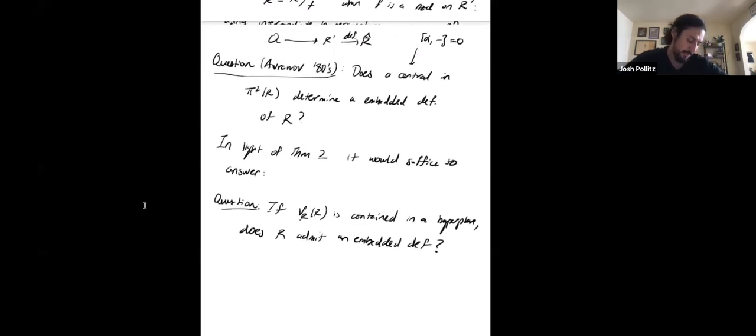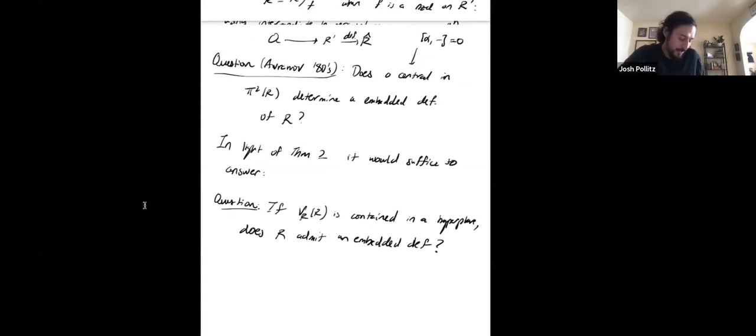If V_R of R is contained in a hyperplane, does R admit an embedded deformation? If you could answer this question, because of the work in theorem 2, you'd actually be answering Lucio's question.